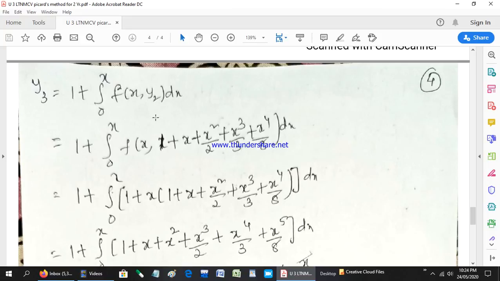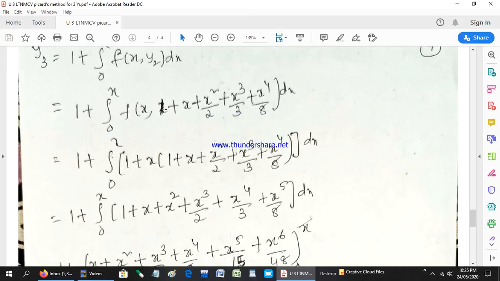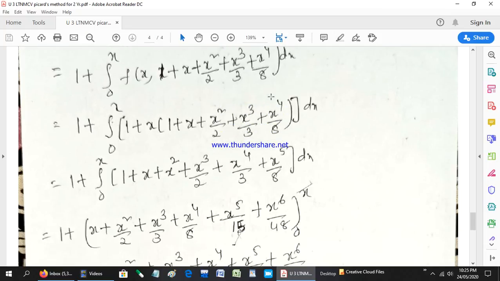Now based on this, we calculate the third approximation, because it is again a simple function given. y3 is equal to 1 plus integral 0 to x f of x, y2. So in place of y2, we replace the value 1 plus x square by 2 plus x cube by 3 plus x power 4 by 8, substituting in the given function 1 plus xy.